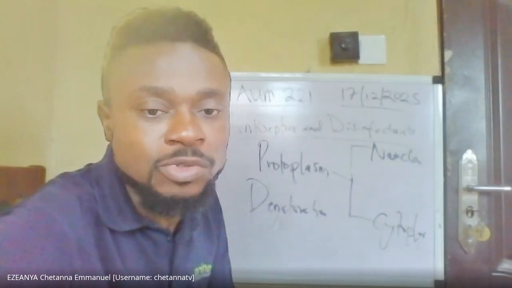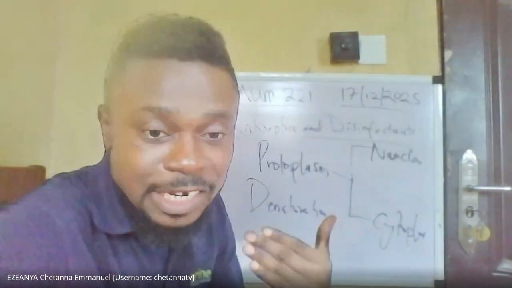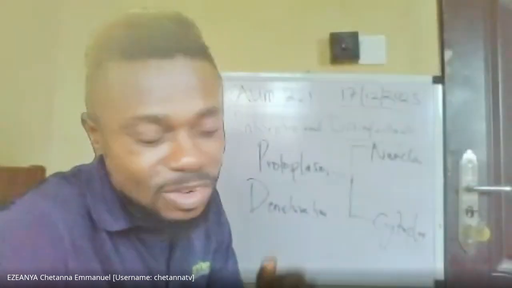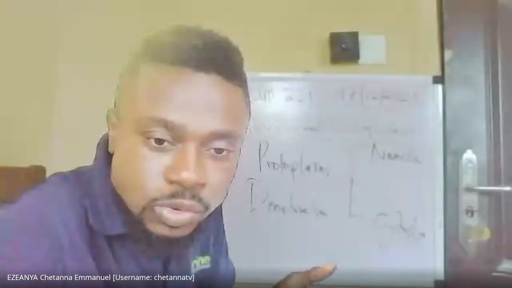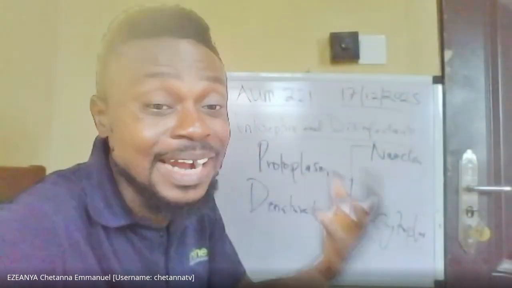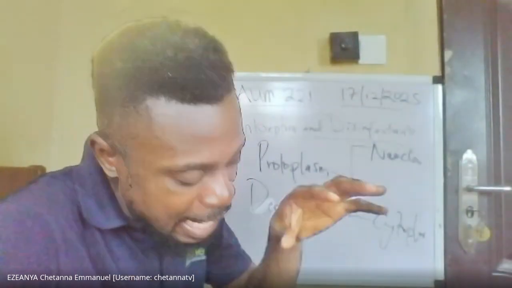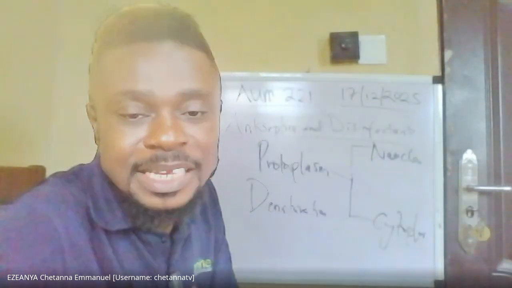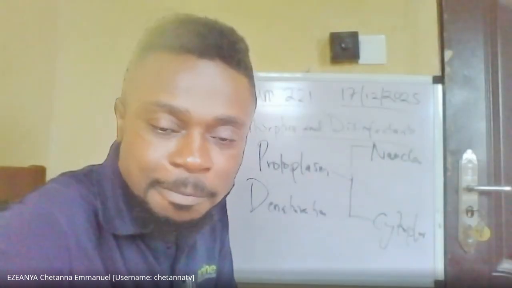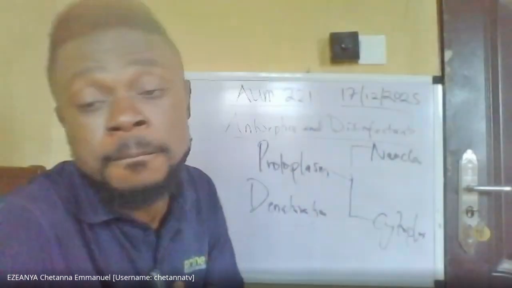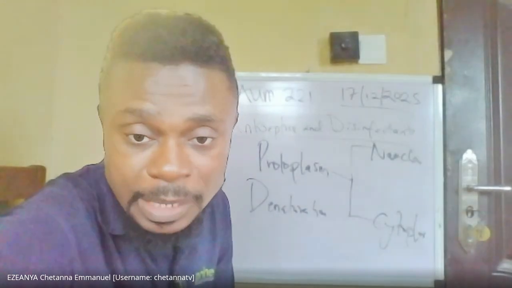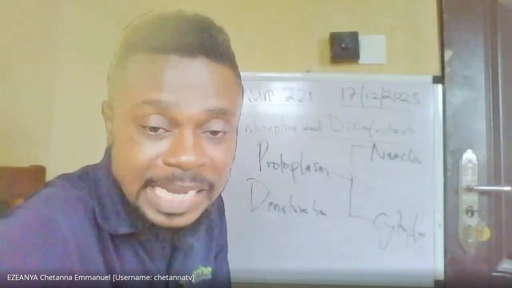They will not be able to carry out the activities that they should carry out, or they will even die, thereby decreasing the amount of these organisms on the surface or the body where these germicides are applied.